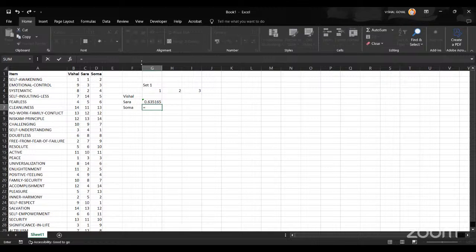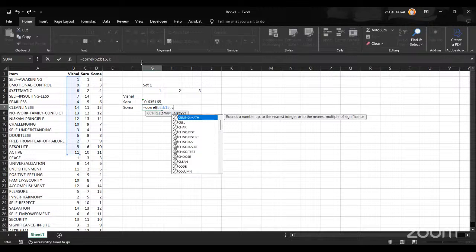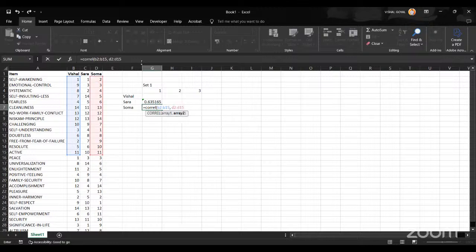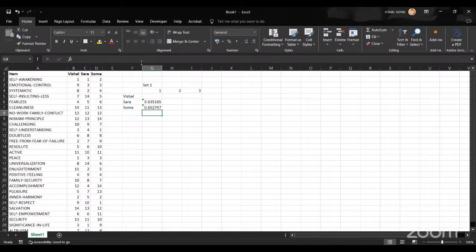Now I think you can do it. Now you go to Vishal versus Shara. That is already done. So next will be this is the 1 and this is the 1. It will be the Shara versus Soma. Not there, below.